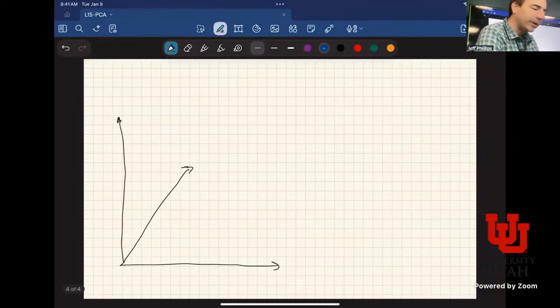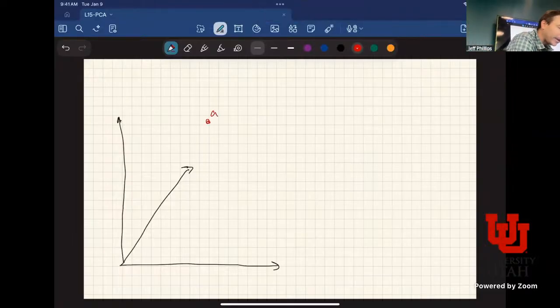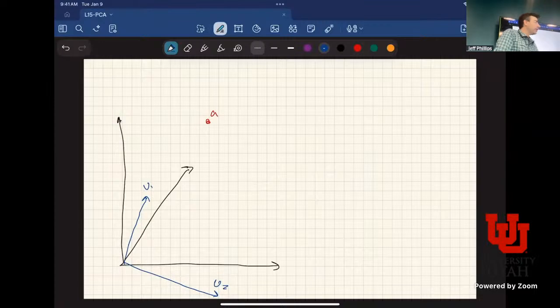Okay, so now let's do this in d equals 3. So again, we're going to get some point here, and now we're going to get two. I'm going to call this guy U1, and this guy here U2. I'm going to say that U1 is a unit vector, and U2 is a unit vector.